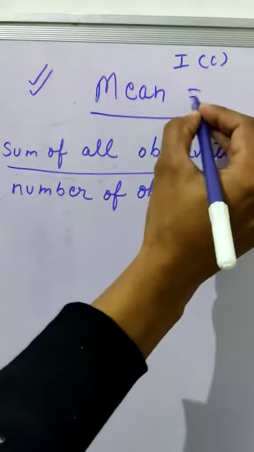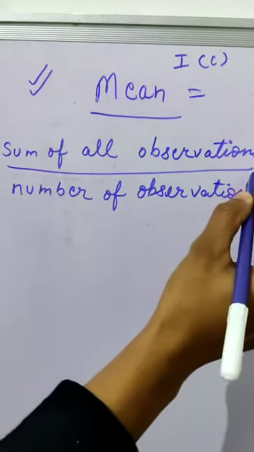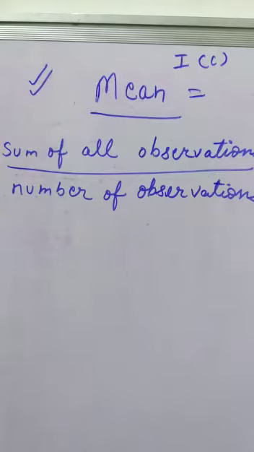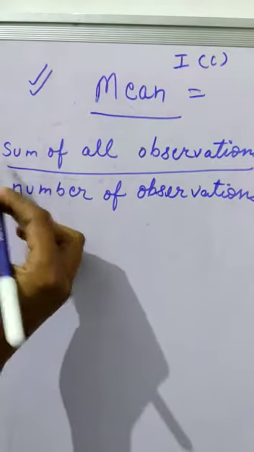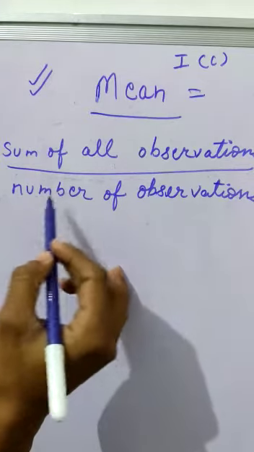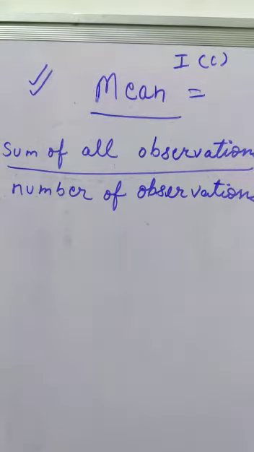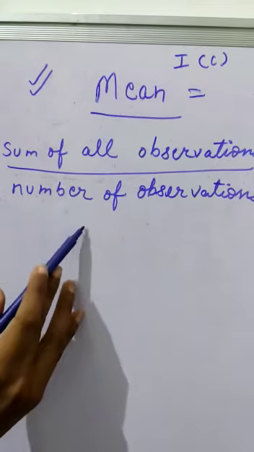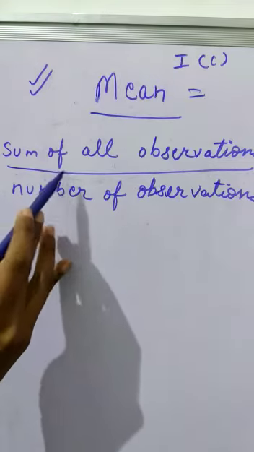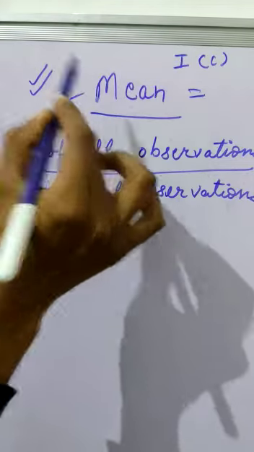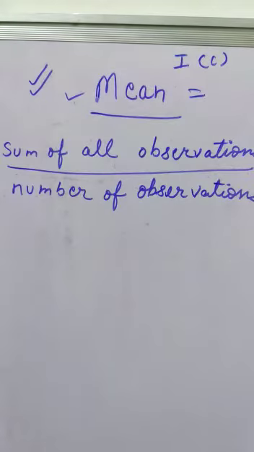Mean is equal to the sum of all observations divided by the number of observations, where we find the average or arithmetic mean. We have to find the number of observations and the sum of all observations to find the mean.